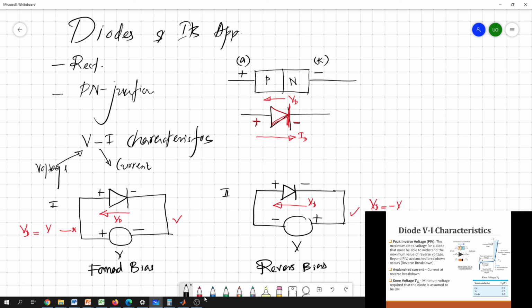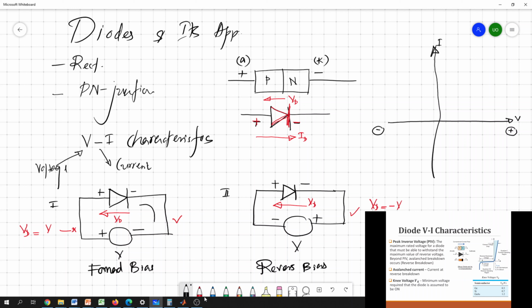So we'll try to understand the characteristic of this diode. So this is the voltage, and this is the current. We can simply identify two regions, where you have plus voltages and minus voltages. Once you apply a plus voltage, there will be a current flow through this device.